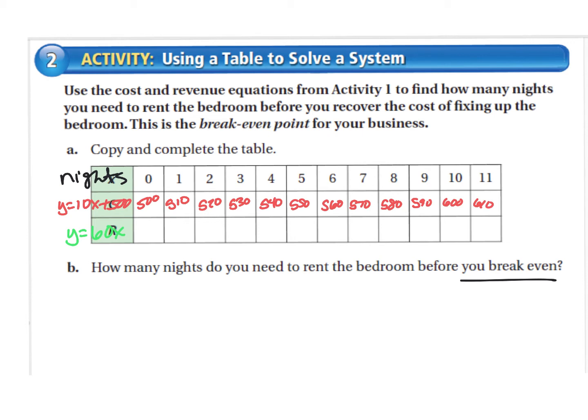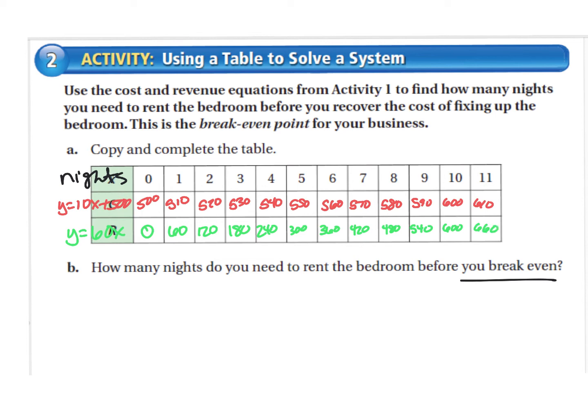How much we make at 0 nights, we didn't make anything. And then we go up by 60s. So 60, 120, 180, 240, 300, 360, 420, 480, 540, 600, and 660.